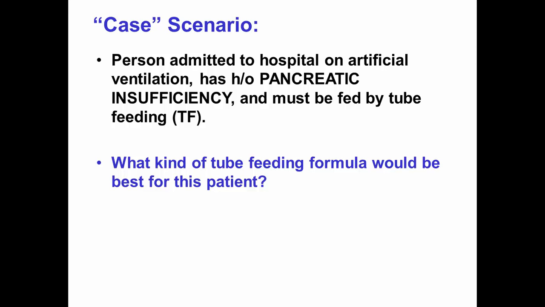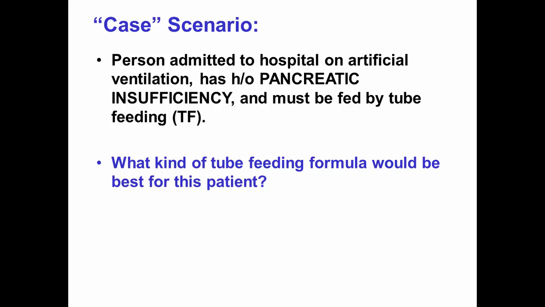On that note, this is my opportunity to get the M&T people razzed up. If you think about what we just talked about, if you have pancreatic insufficiency, so the pancreas isn't working so well, and the tube feeding formula, people that are in M&T already know some of this.